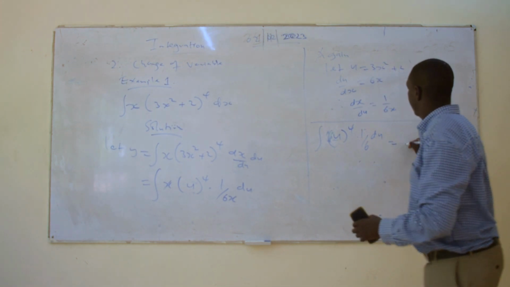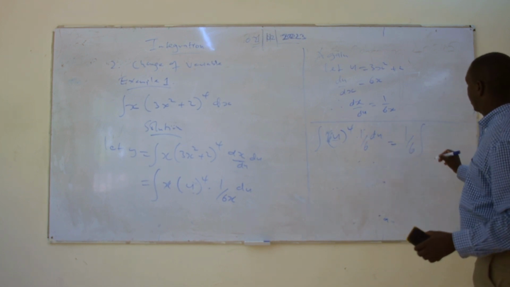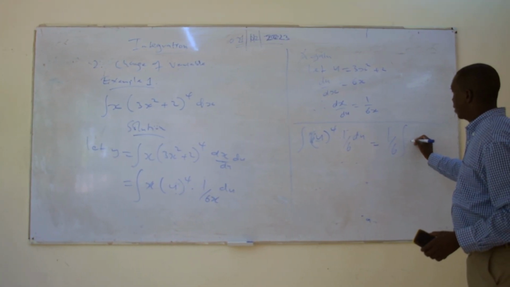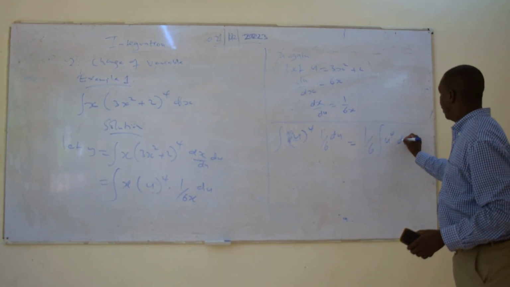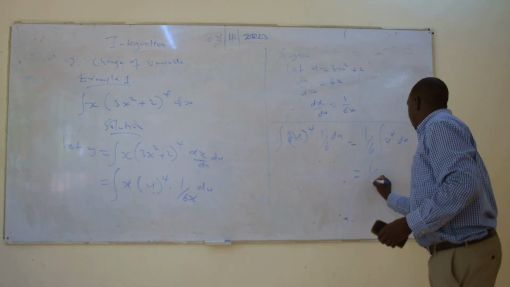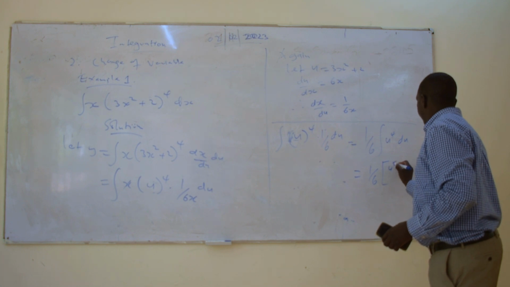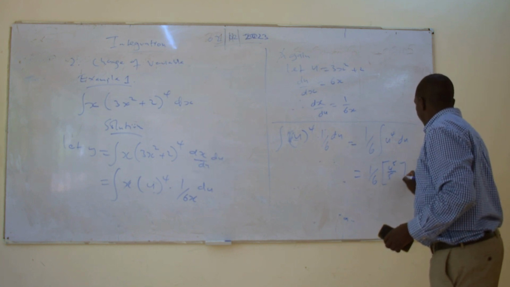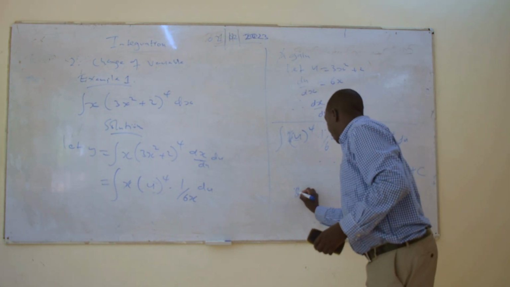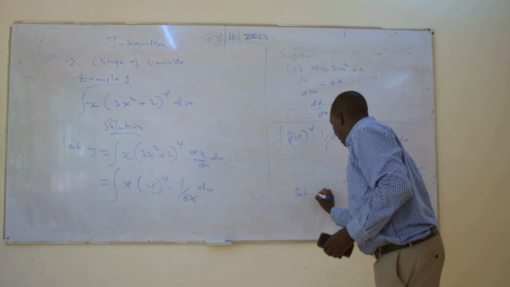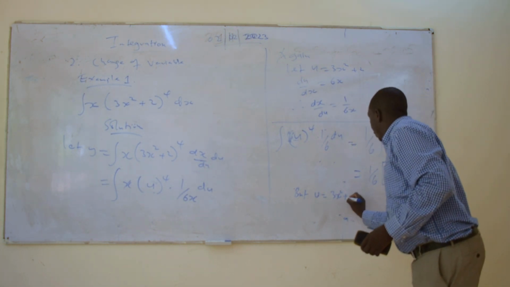This is the same as 1 over 6 outside the integral, 1 over 6 integral of u raised to power 4 du, which is equal to 1 over 6 times u raised to power 5 over 5 plus the constant term c. But remember u is equal to 3x squared plus 2.